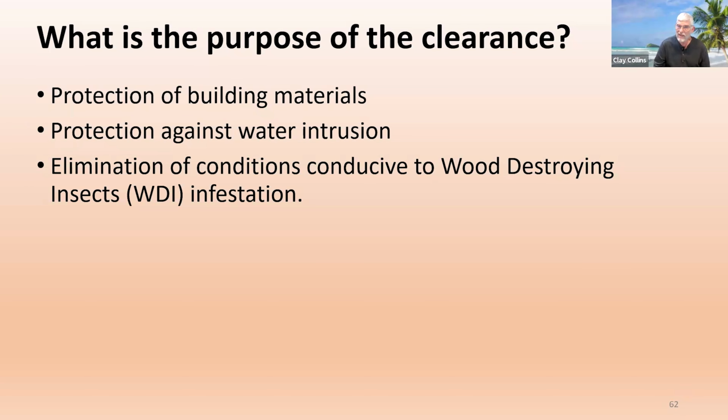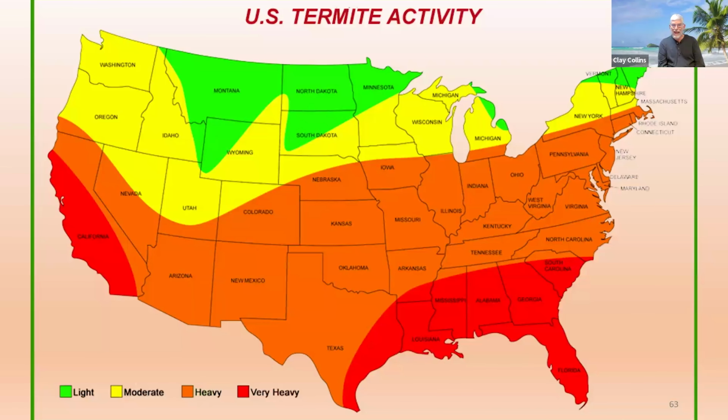And if you have high soils, especially if they conceal weep holes or the lower edges of whatever type of siding, it's going to conceal the termite activity. And if we look over here at the termite activity, you see along this Gulf Coast, that has the very heaviest impact other than the coast of California there.